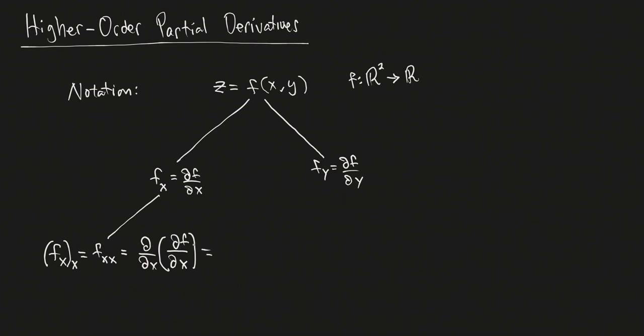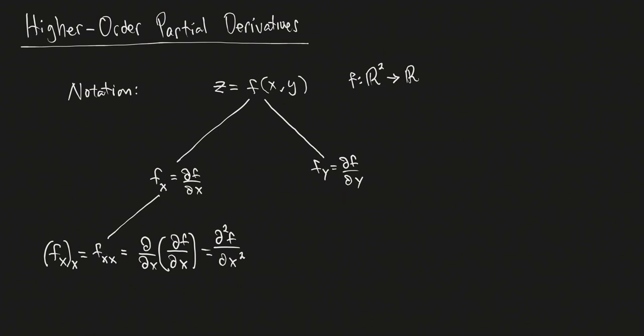Instead of writing this, we have these two d's in the numerator and these two dx's in the denominator, so I can condense this and write it as d squared f over dx squared. So these are the two notations that we typically use to indicate a second partial derivative with respect to x.